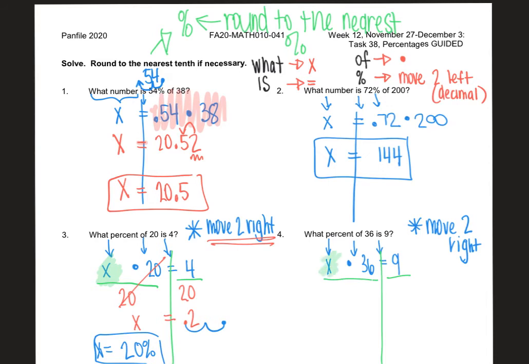To get x alone, we need to get rid of that 36. We do it with division since x times 36 is what we have in our equation. Do that on both sides. Cancel out the 36s. x equals 9 divided by 36 is going to give you 0.25. But now I need to move the decimal 2 to the right. So I get that x is equal to 25%.